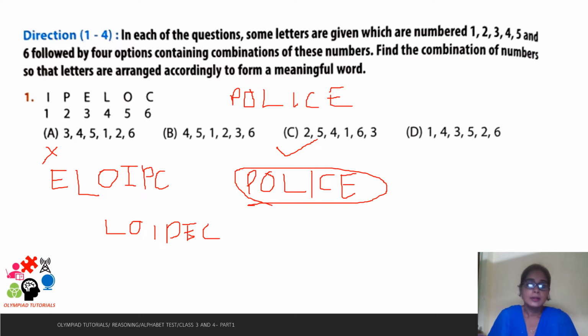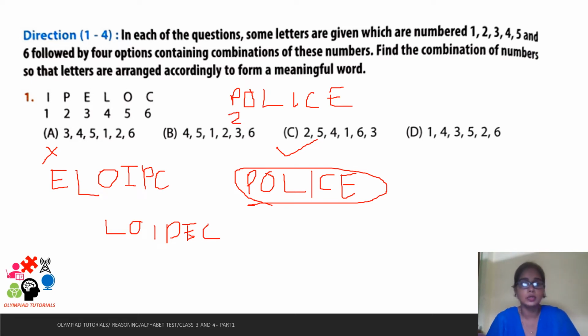Okay. And suppose just by observing you can find out this word, like as in the very beginning I told you this word is going to be police. So now what you have to do, you can check it with the numbers here. Below the alphabet you can write those numbers.